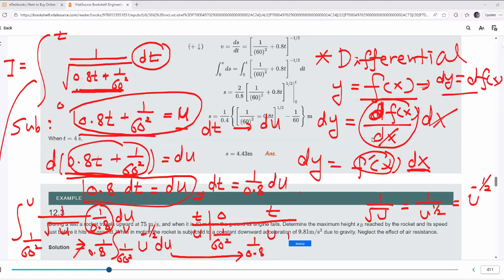It'll be 1 over negative 1 over 2 plus 1, and raise the power by 1, u to the negative 1 over 2 plus 1, and evaluate from the lower limit 1 over 60 squared to u. I'm going to delete this guy.